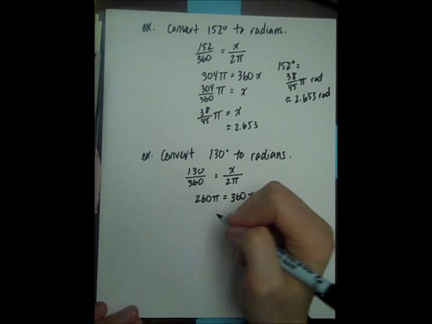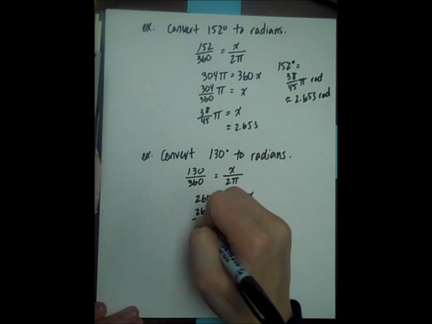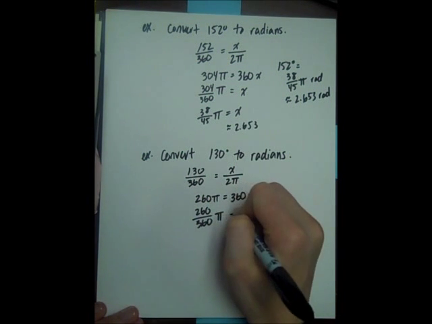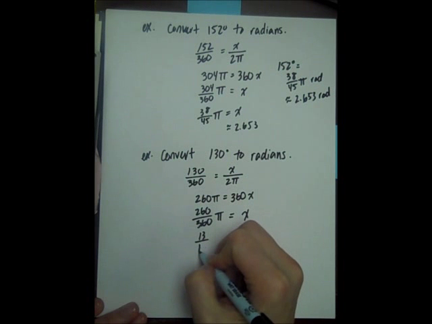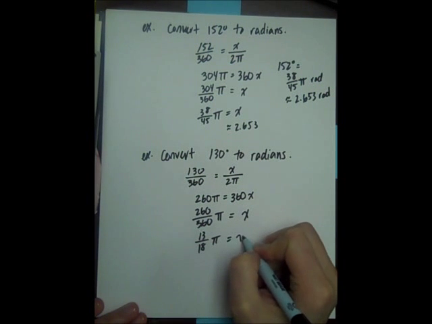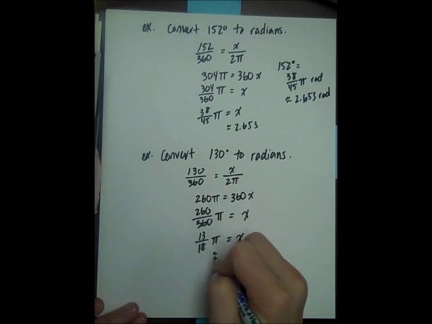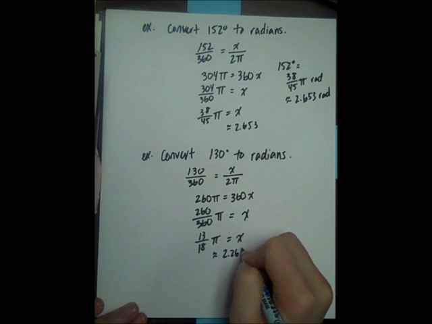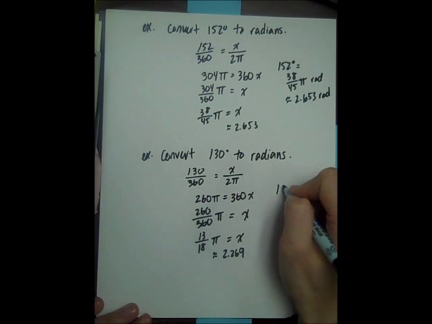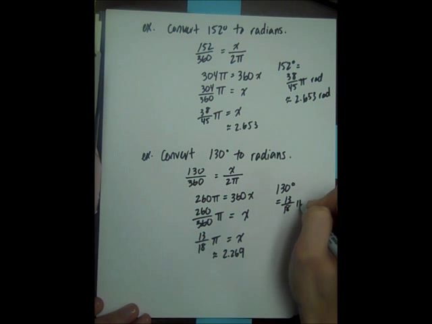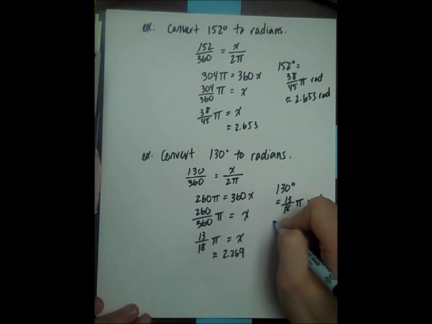Now divide both sides by 360, so I'll get 260 over 360 pi is equal to x. Well, 260 over 360, that's 13 over 18, is equal to x, which is approximately 2.269.